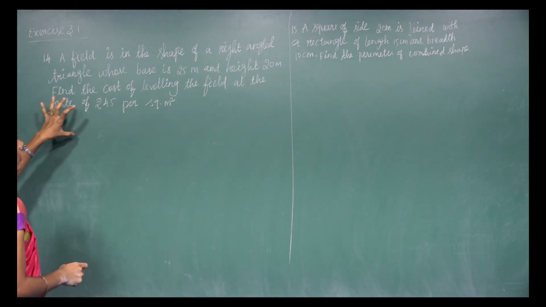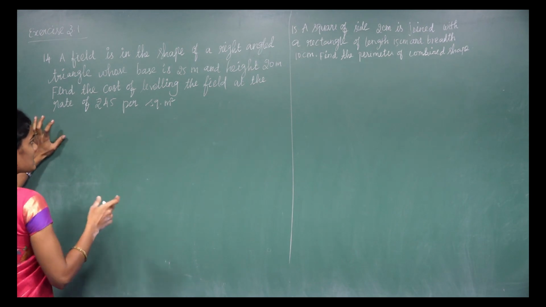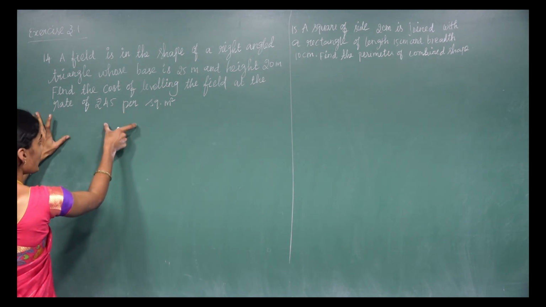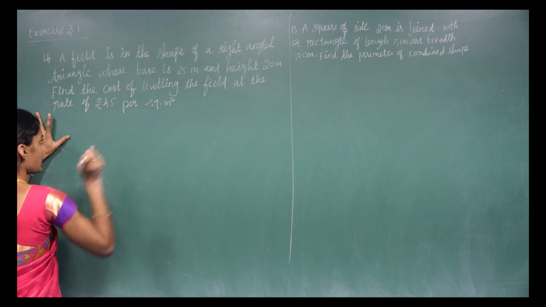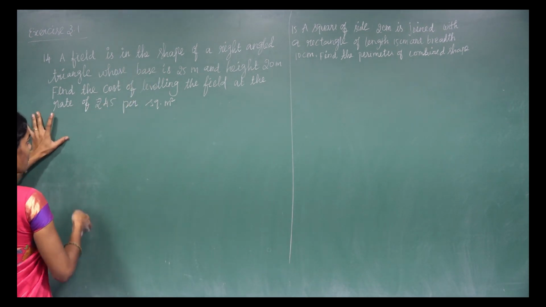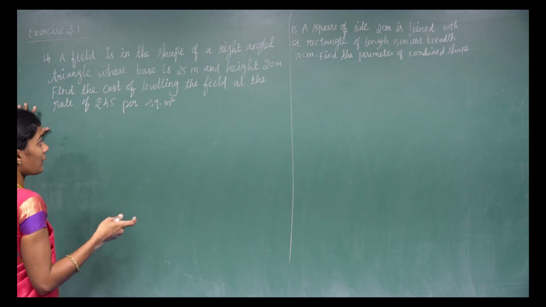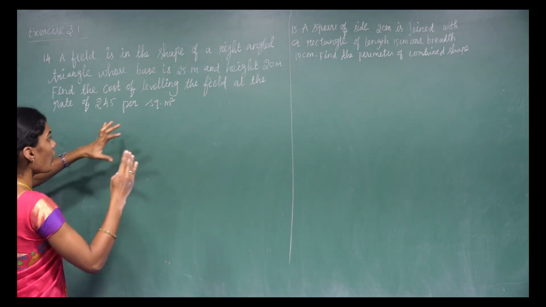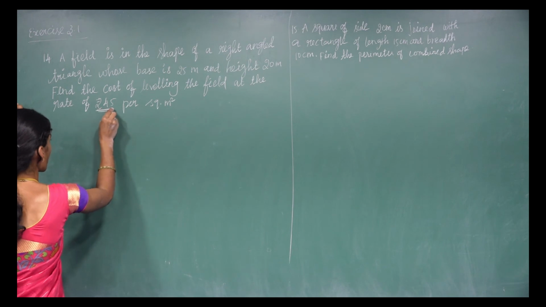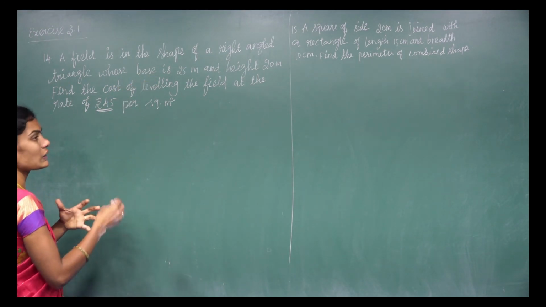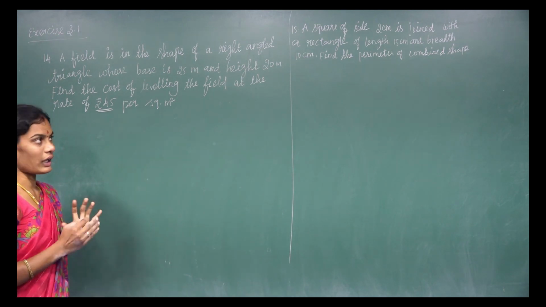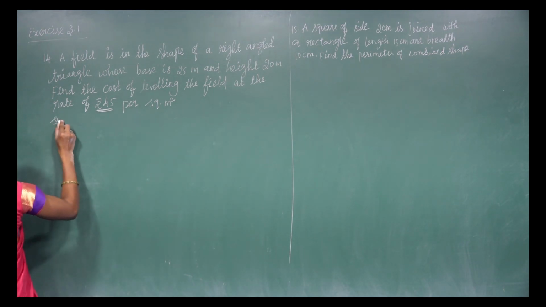First of all, we want to calculate the cost of the right angle triangle field. They have given per square meter cost, rupees 45. They have given a base and a height also. First of all, we want to calculate the total area first. Yes or no?